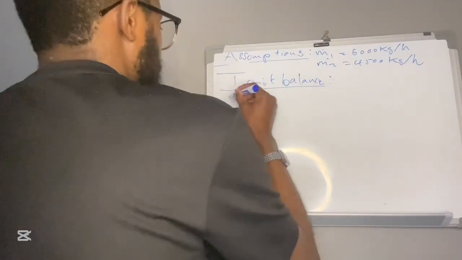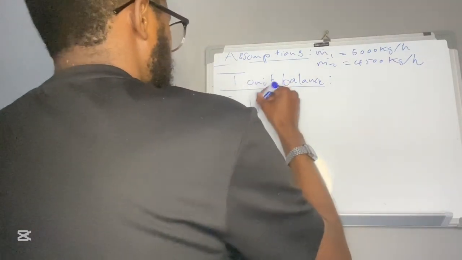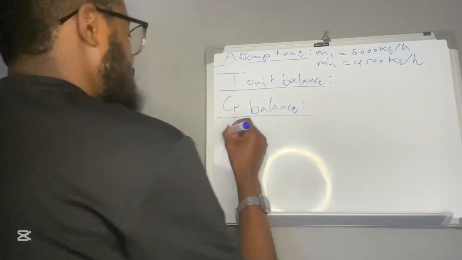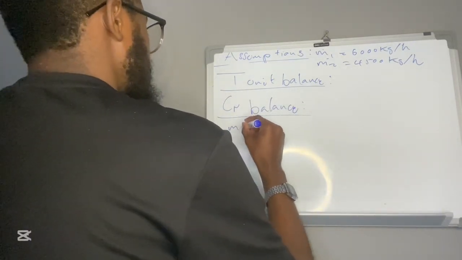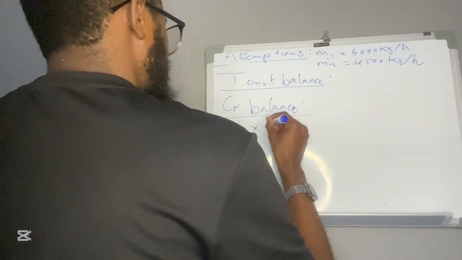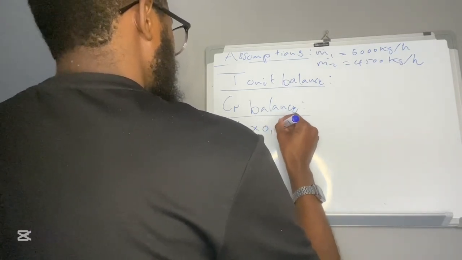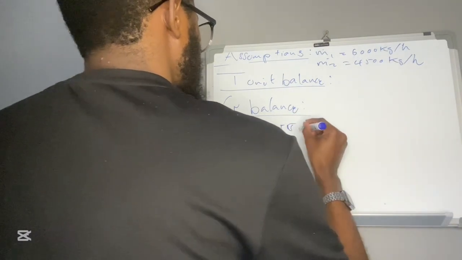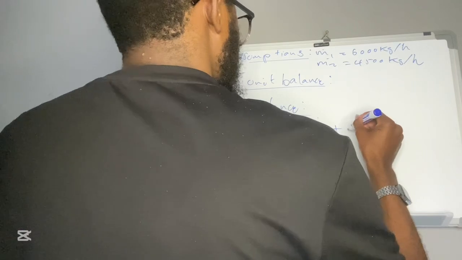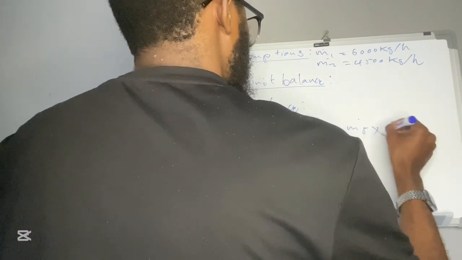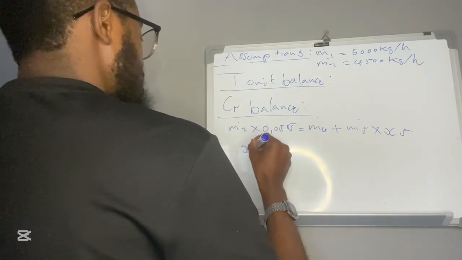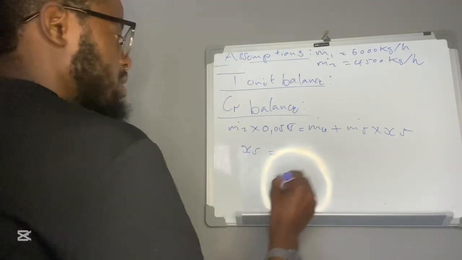Chromium balance: M2 multiplied by 0.0515 equals M4 plus M5 times X5. You are going to substitute all of this because we already have all of it.